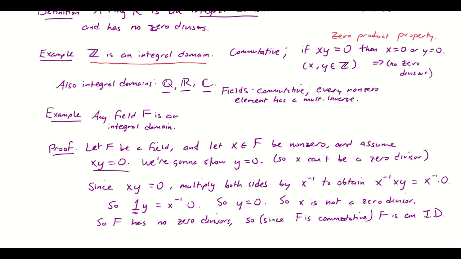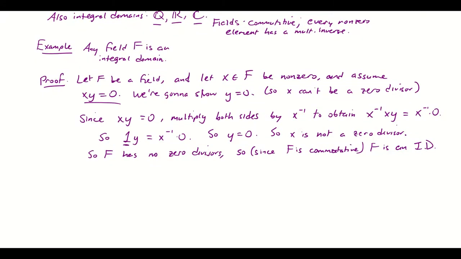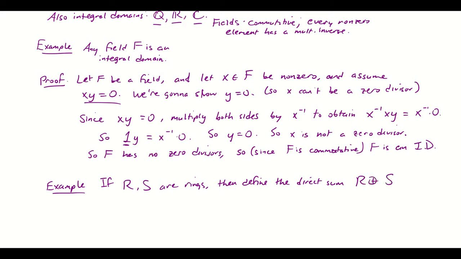Okay, here's one more interesting non-example. If R and S are rings, and neither one has to be a subring of the other, they're just separate rings, then we can define the direct sum R plus S. And this is going to be kind of like a direct product for groups.